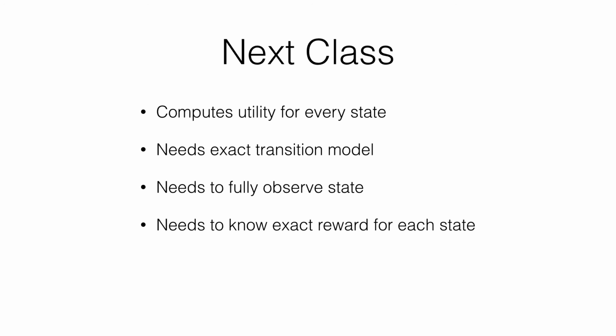And the idea is that we're going to look at these two complaints, and the most natural way to make these more realistic is to consider learning agents. So this is going to be an agent that exists in the environment and performs some actions and gets some feedback.